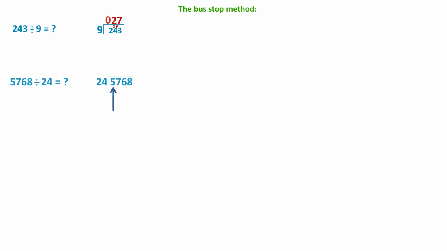Again, like we did before, we're going to start dividing each place value in this big number by 24. We'll start with a 5 here. Just the same as before, we can't fit any 24s into 5. So we write a 0 up here, and the remainder is just 5 to leave 57 in the next place value column. Then we do 57 divided by 24. Well, 1 times 24 is 24, 2 times 24 is 48, but 3 times 24 is 72.